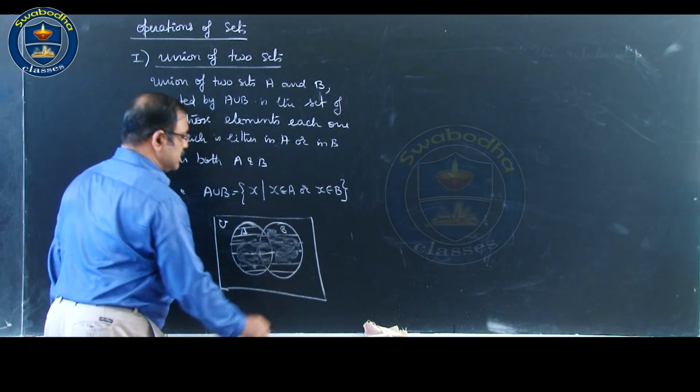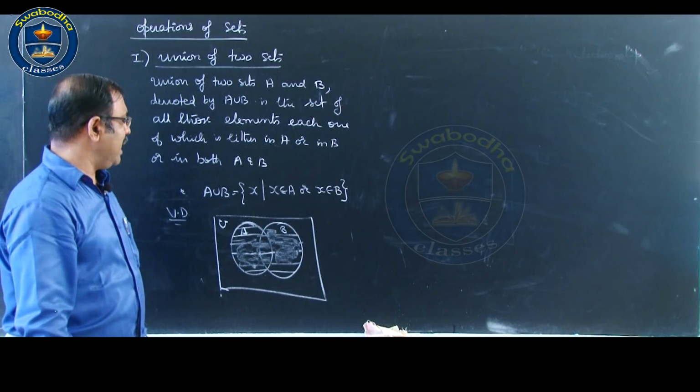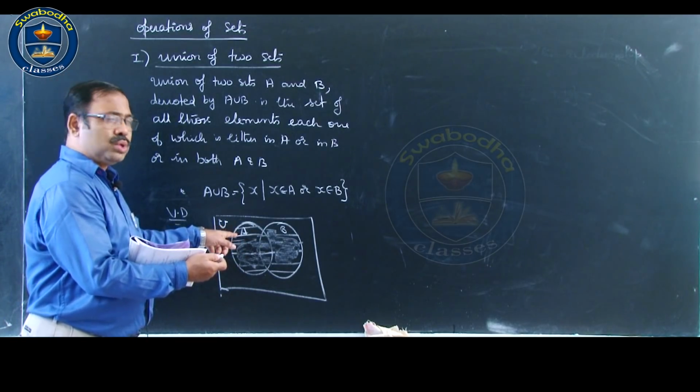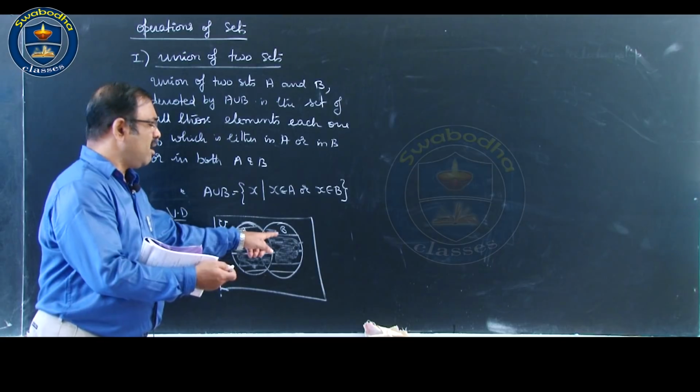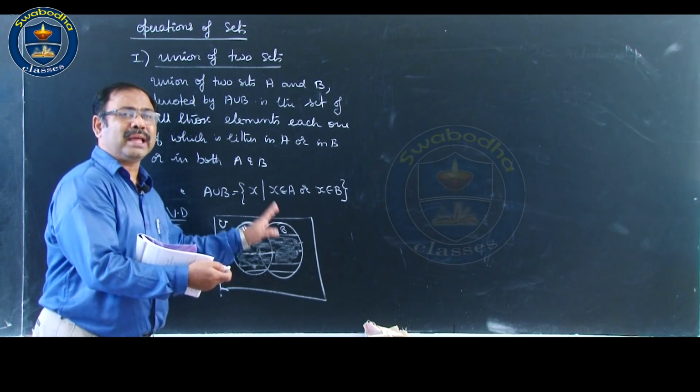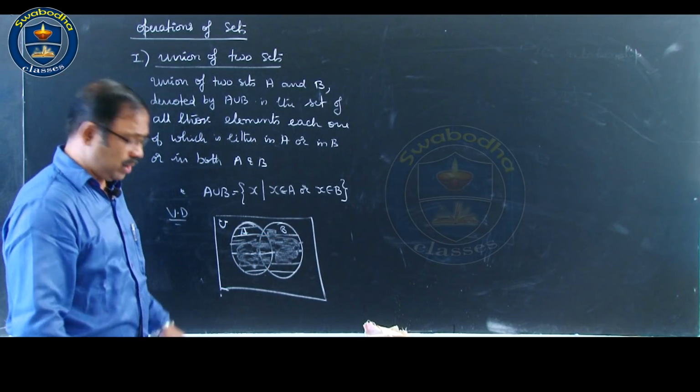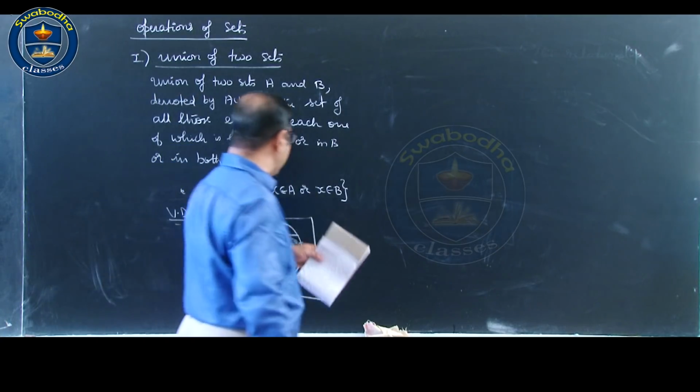A union B is inclusive of either elements of A or elements of B or both elements of A and B.